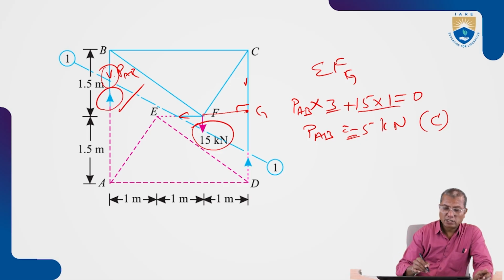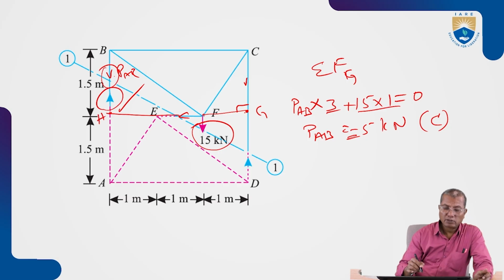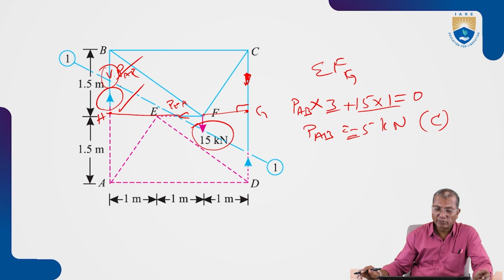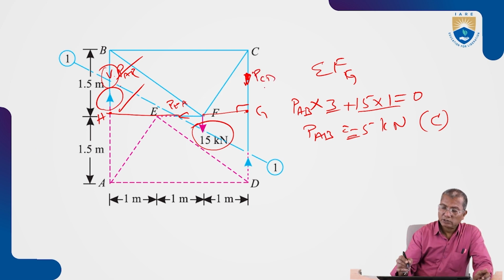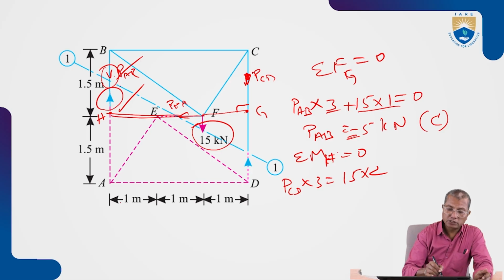Similarly, you select the point H here, so that you can eliminate PEF and PAB, and you will have the force PCD. Considering moments about H, PCD into 3 is equal to 15 into 2, as from here it is 2 meters.